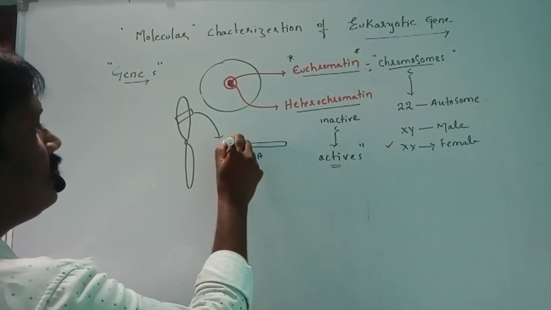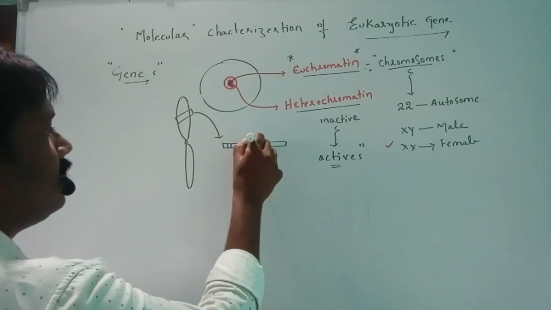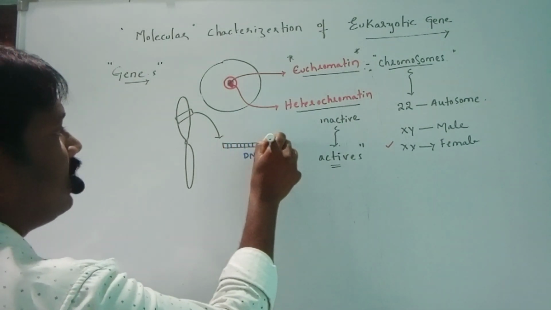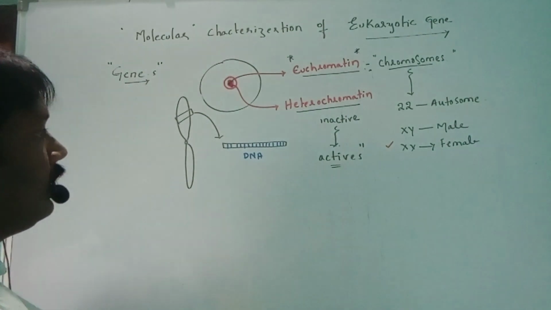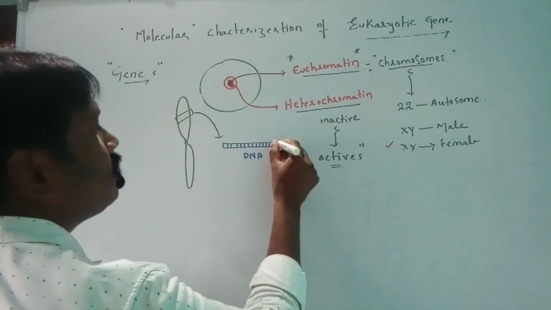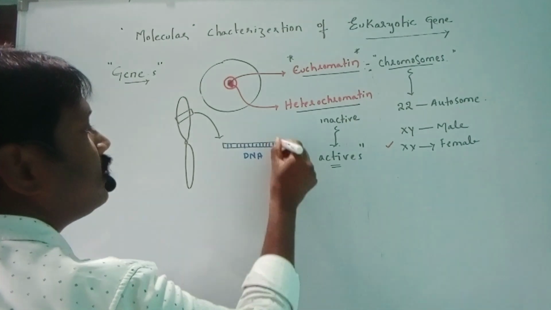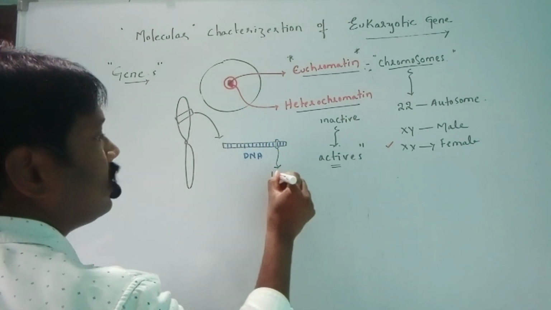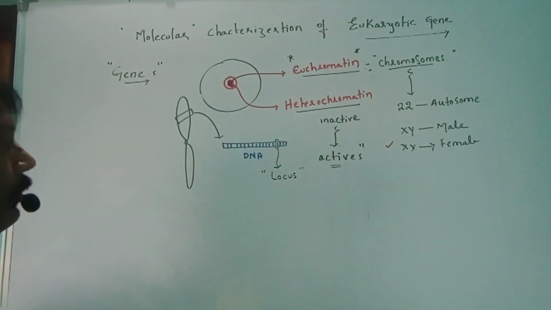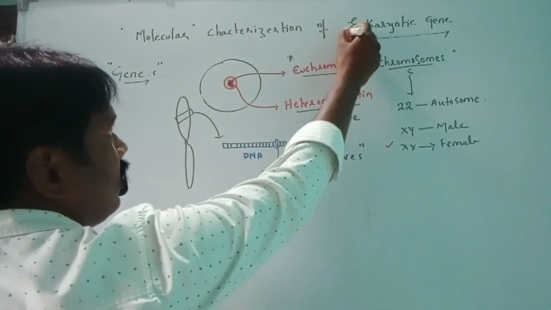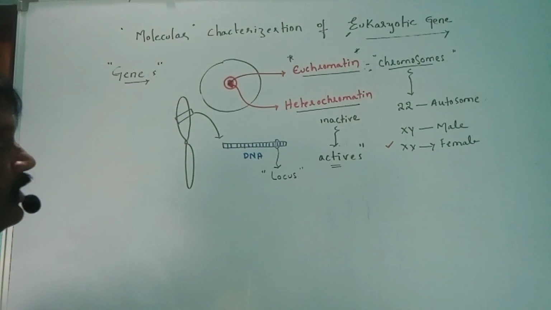In this DNA, the blue color lines indicate the genes, which are arranged linearly. The position of these genes is known as locus or loci, singular and plural. Now, we are focusing especially on eukaryotic gene structure.